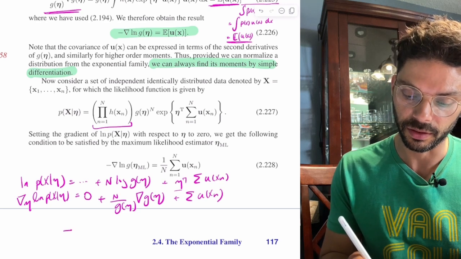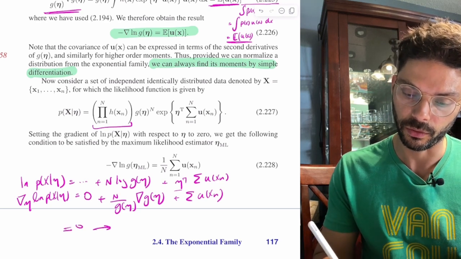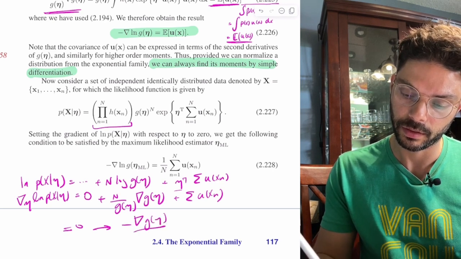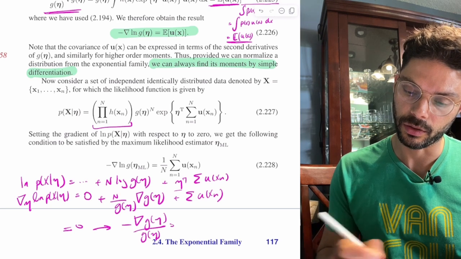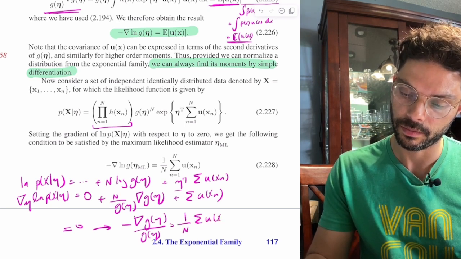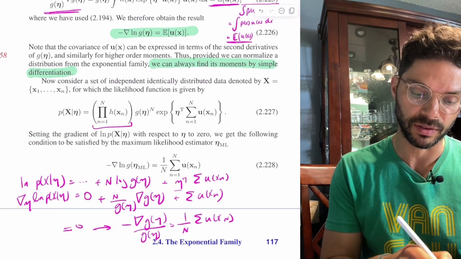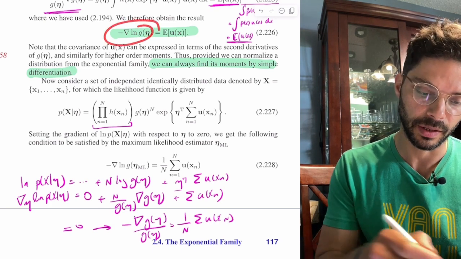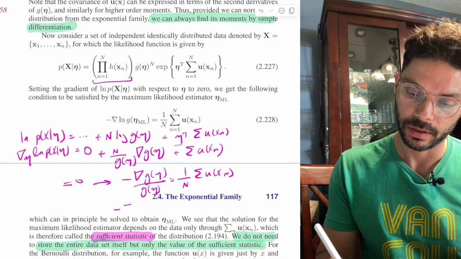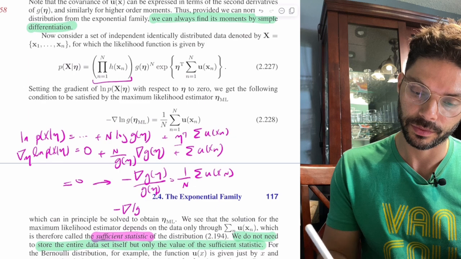And so now when we set this to 0, we get minus the gradient is equal to 1 over n sum. And for the same reason as we saw up here, this is equal to minus the gradient of log g.